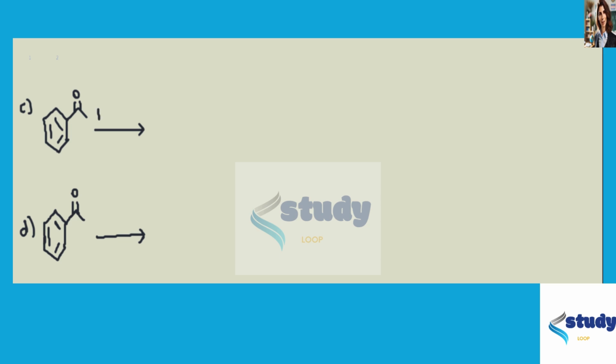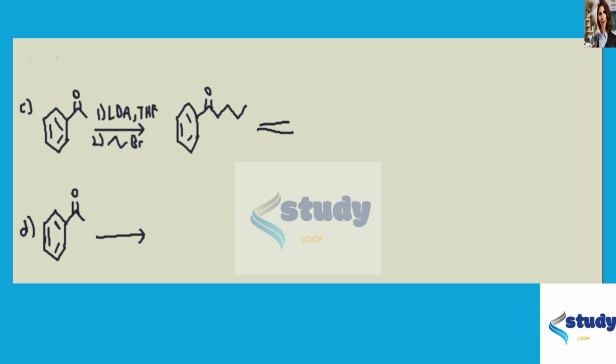All right, so here we go on C, which is the one that we're trying to answer. So LDA, THF, propyl bromide. Okay. All right, so we've added the carbons that we need to add, and now we just need to reduce our ketone to an alcohol.